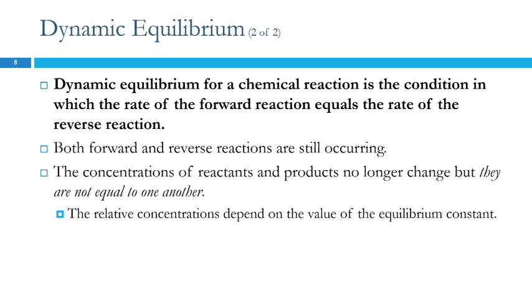So what we define as a dynamic equilibrium is the condition in which the rate of the forward reaction equals the rate of the reverse reaction. Both are still happening. The concentrations no longer change, but they are not equal to one another. Okay?